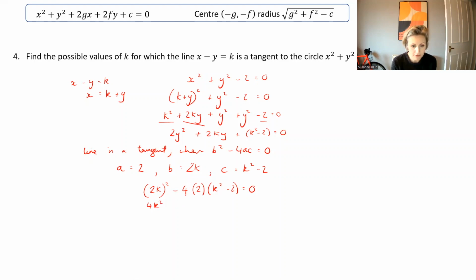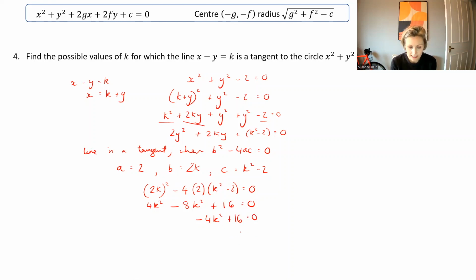Then minus 4 times 2 times k squared is minus 8k squared. And minus 4 times 2 times minus 2 is plus 16. So 4k squared take away 8k squared is minus 4k squared plus 16 equals 0.